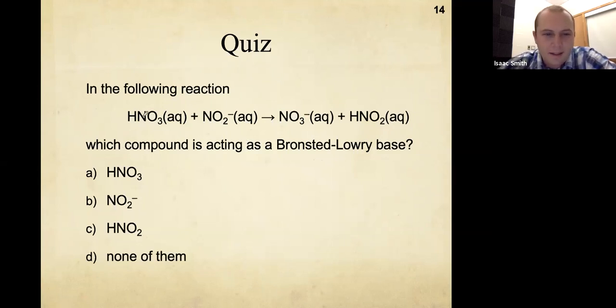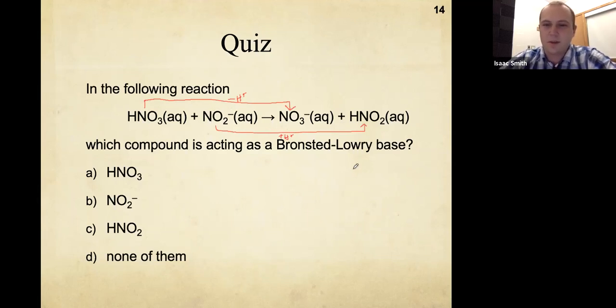So if we look at the nitric acid, HNO3, and we follow the NO3 anion to here, you can see that it lost a proton. And the NO2, you can see that it actually picked up that proton, okay? So this was the proton donor, which is the acid, and this is the proton acceptor, which is the base, which is what we're asking for. So NO2 minus would be our base, okay?